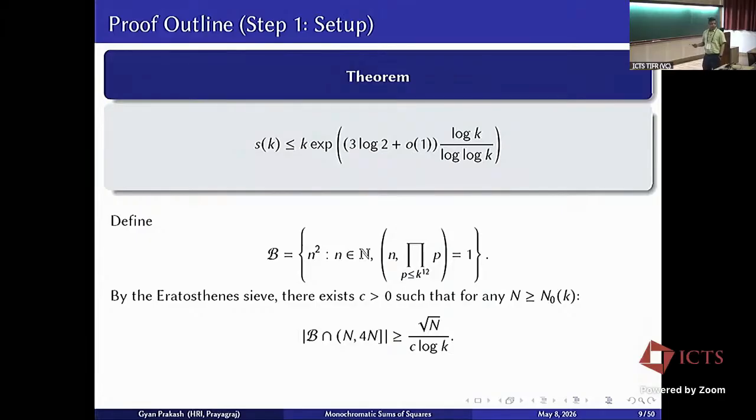And also the total number of squares in these intervals is square root n, and we have only lost a log K factor, which is all right for our purpose.